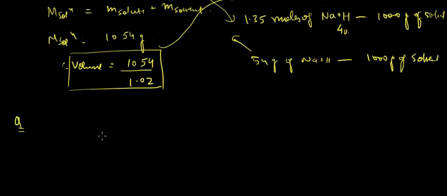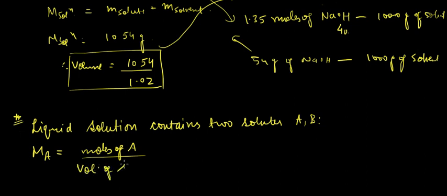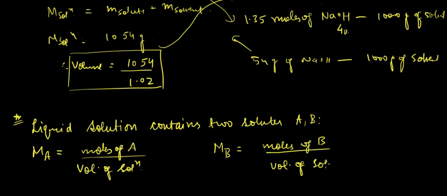Now let's say it's not a question, but let's phrase a sentence: a liquid solution contains, let's suppose, two solutes A and B. Obviously molarity of A would be moles of A upon volume of solution, let's suppose in liter only, and molarity of B is moles of B upon volume of solution, again in liter.